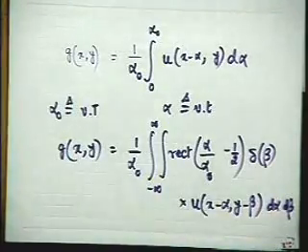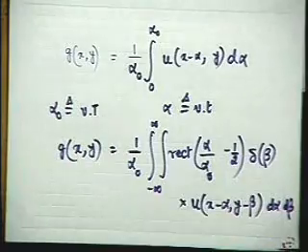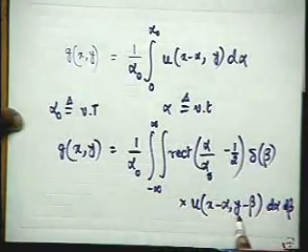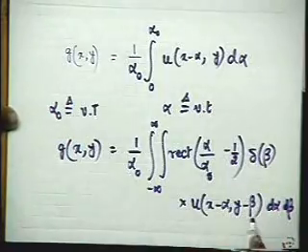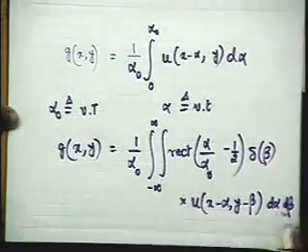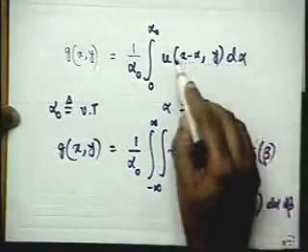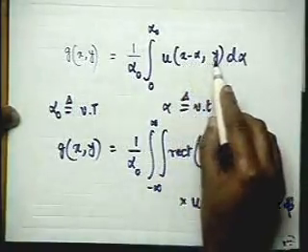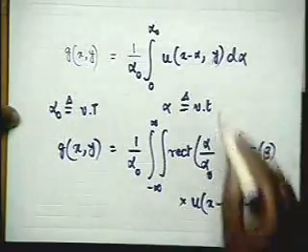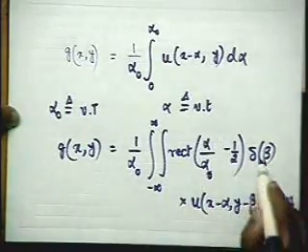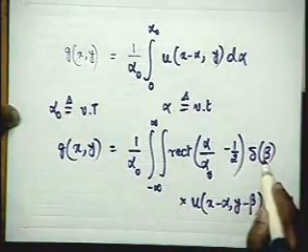Now in our last lecture this term u of x minus alpha, y minus beta was omitted. This term must be there because it comes automatically, because it was u of x minus alpha, y, and we are making it into u of x minus alpha, y minus beta, by introducing a term delta beta over here.